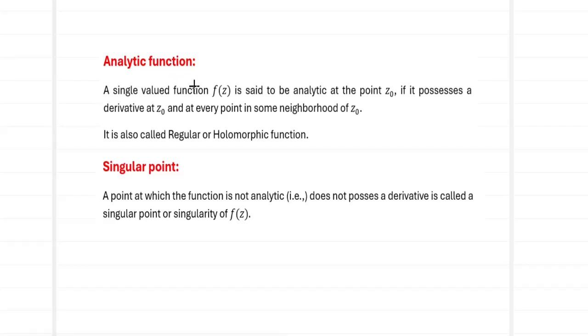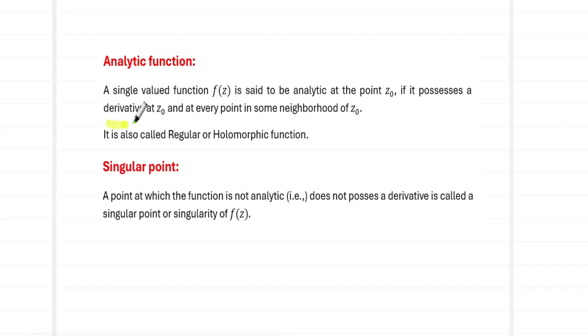A single valued function f of z is said to be analytic at the point z0 if it possesses a derivative at z0 and at every point in some neighborhood of z0. So the main keyword here is, when do you call it analytic? If it possesses what?